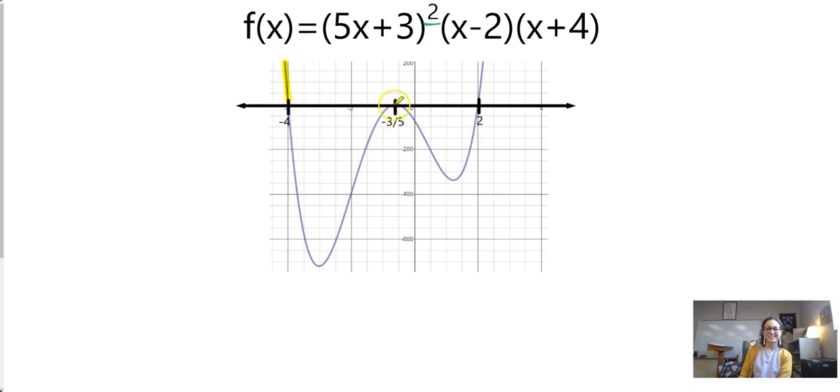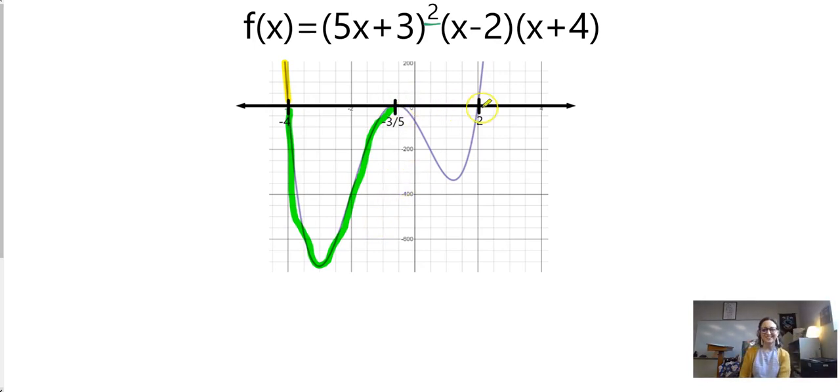Now let's look at the next interval, from x equals negative 4 to negative 3/5. Do we have positive or negative y values here? All these y values are negative, so you're sitting below the x-axis. Again, not increasing or decreasing, just are we above the x-axis, positive, or below the x-axis, negative y values.